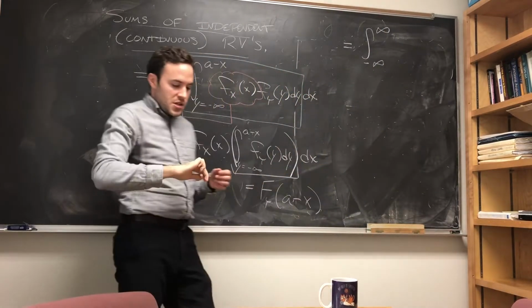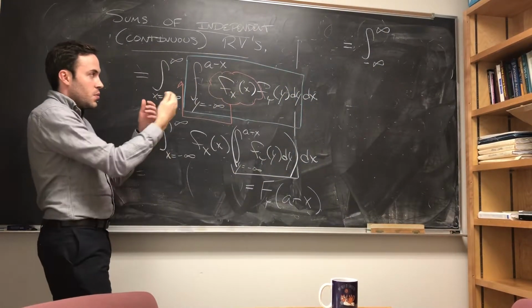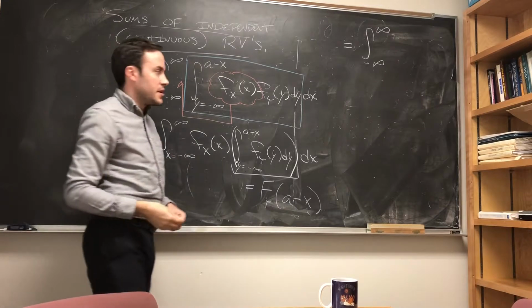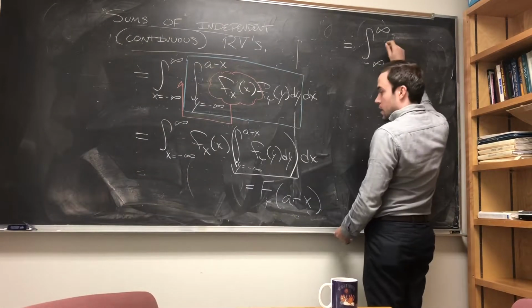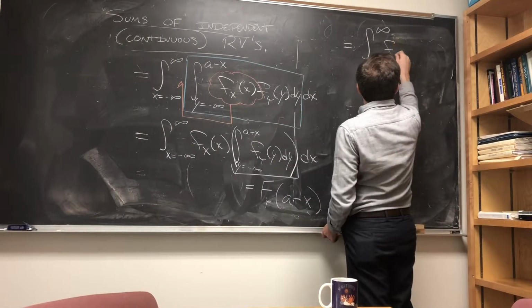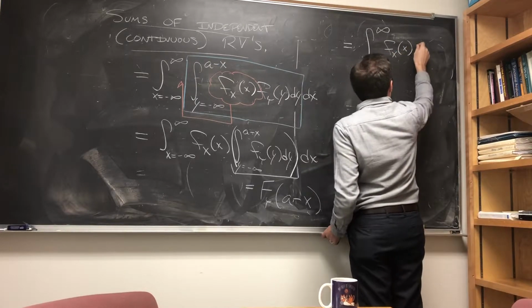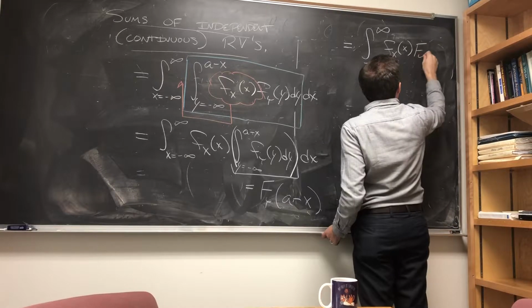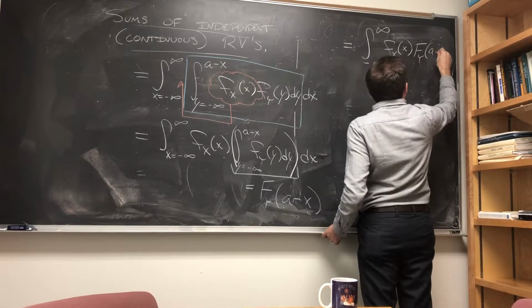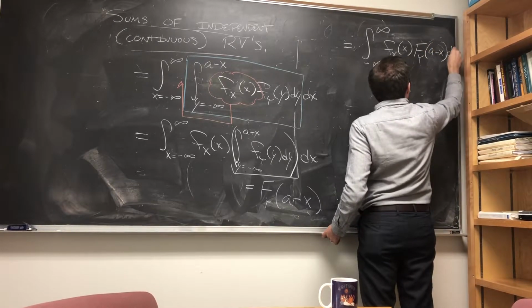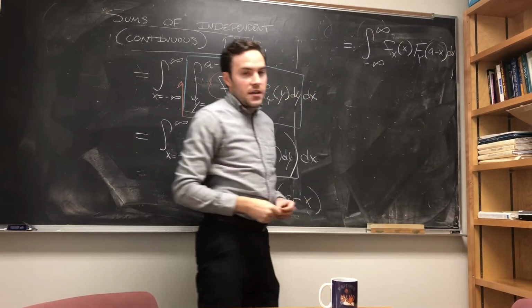So what we get here is the integral from negative infinity to infinity. I don't need to specifically mention that it's x values anymore because this is just going to be a one-dimensional integral. And we're going to have f sub x, lowercase f, that is, the PDF for x multiplied by the CDF for y, evaluated at this strange place, a minus x.